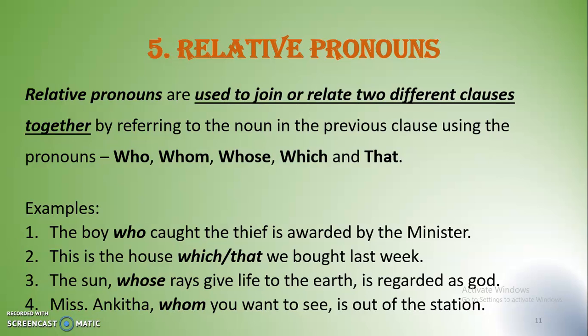Next, relative pronouns. Relative pronouns are used to join or relate two different clauses together by referring to the noun in the previous clause using the pronouns who, whom, whose, which, and that. So relative means relation. Simply keep it in mind as relation.